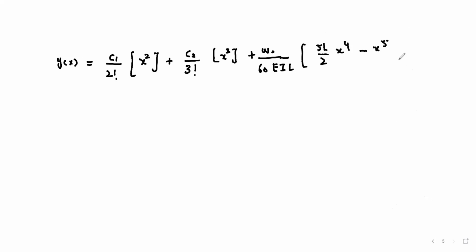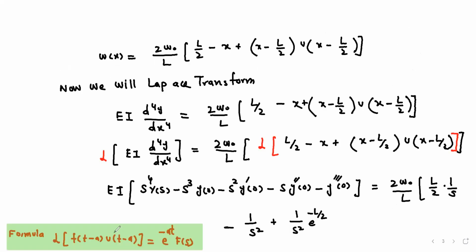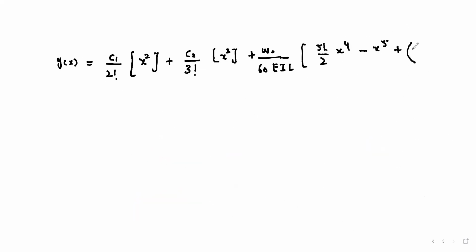plus, and here we will use the inverse formula, same inverse formula I told you in the previous step. This inverse of this f of t minus a u of t minus a. So I will write here f of t minus a, which is equal to x minus L by 2 square and u of x minus L by 2. Okay, students.